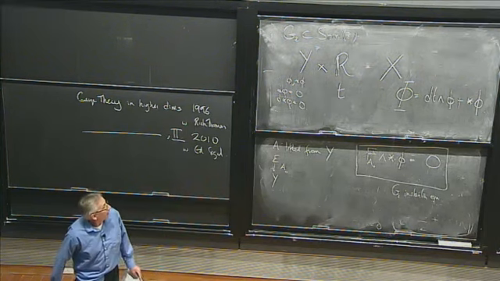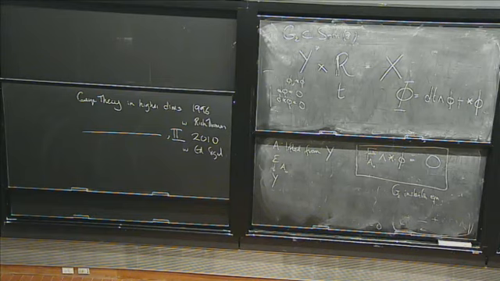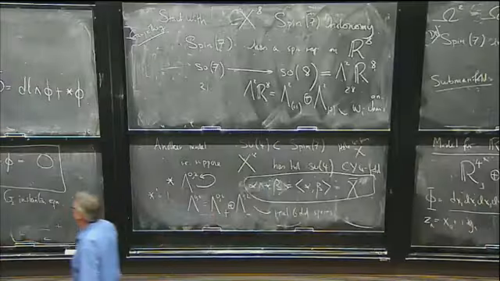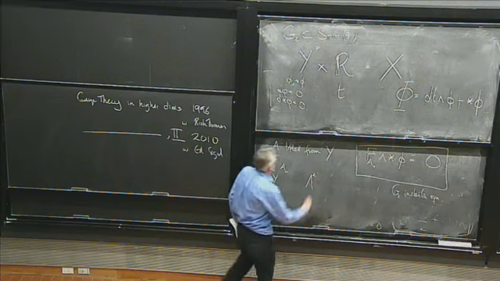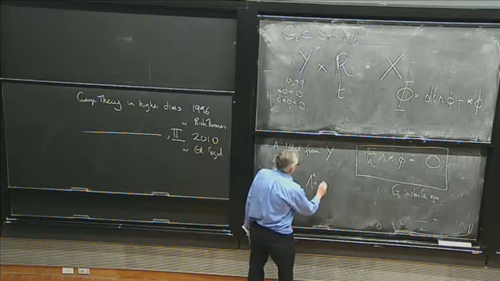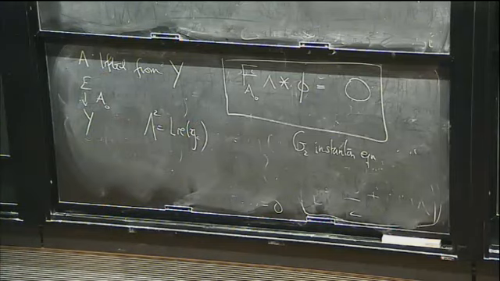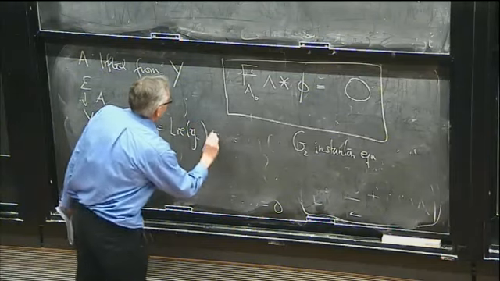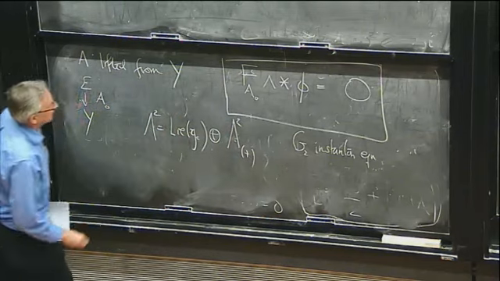This corresponds to the same kind of picture as before: if we started off in the same way, we would get that lambda 2 of R7 is equal to the Lie algebra of G2, which is 14-dimensional, direct sum a 7-dimensional complement.